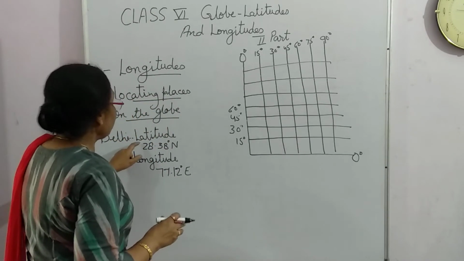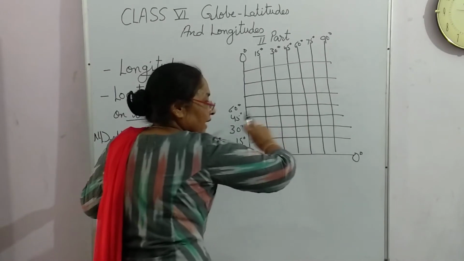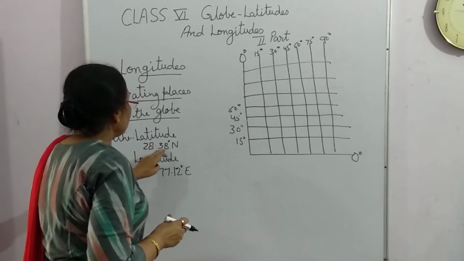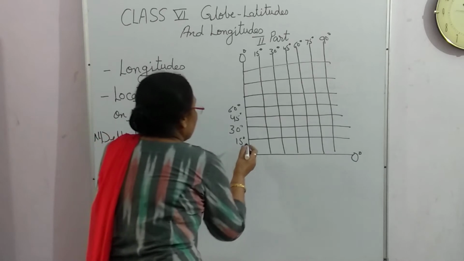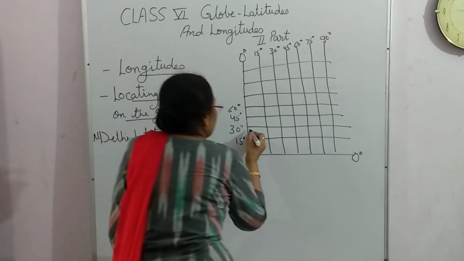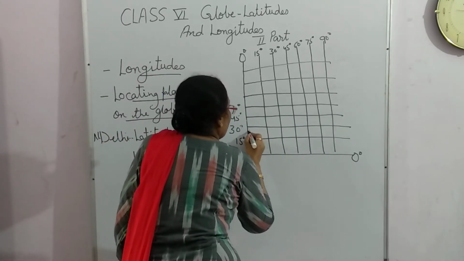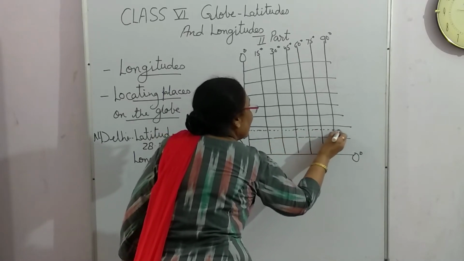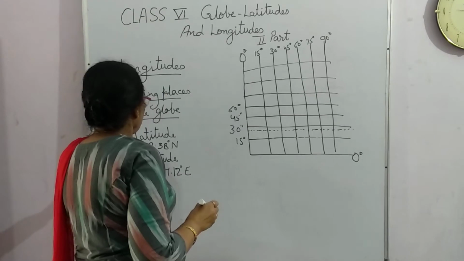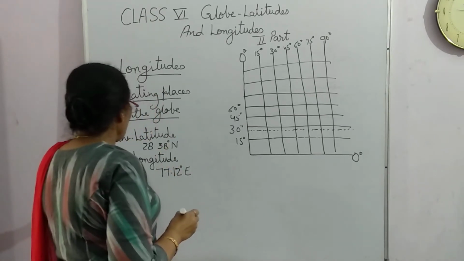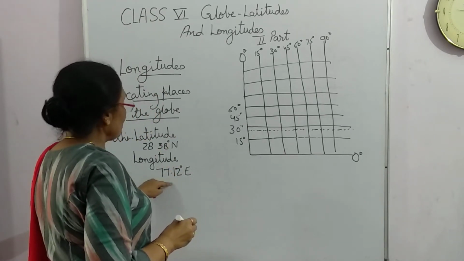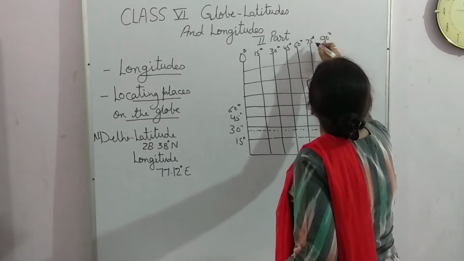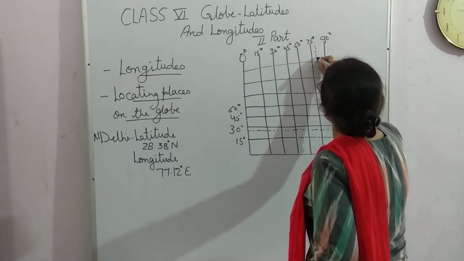Latitudes are these lines, the horizontal lines. Then 28.38 northern; 28 means approximately somewhere here. Clear? And longitude is 77.12. 77 is after 75, 76, 77.